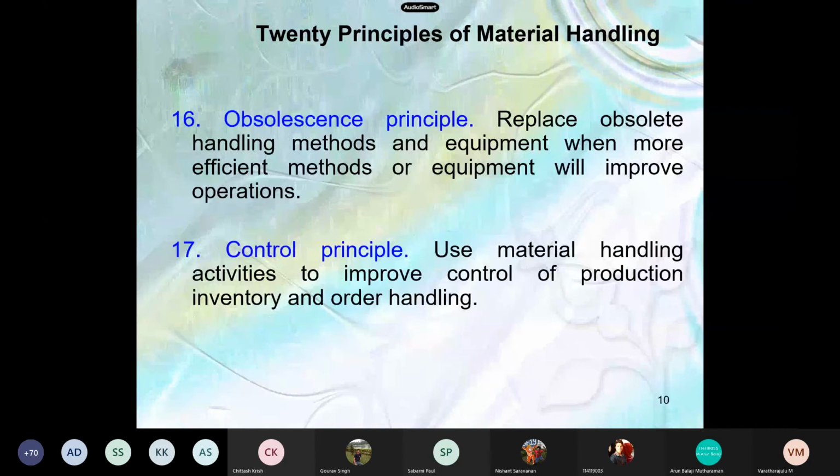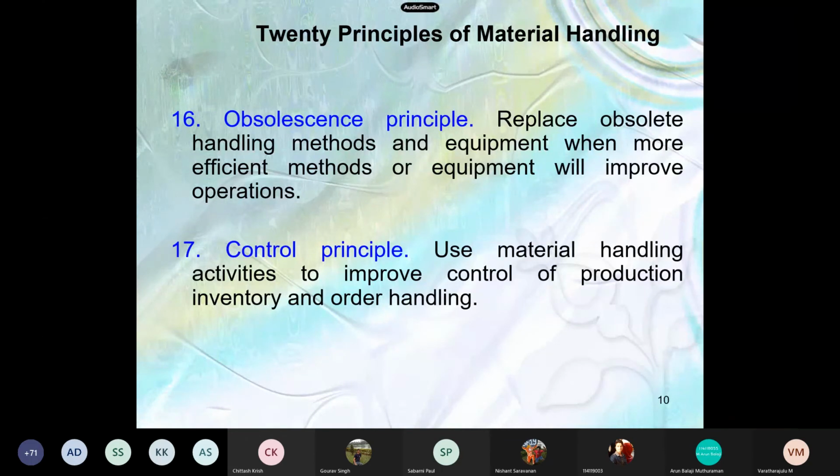And obsolescence: over a period of time, every machine becomes obsolete, and we need to replace that obsolete material with some other new system. Replace obsolete handling methods and equipment when more efficient methods or equipment will improve the operations.